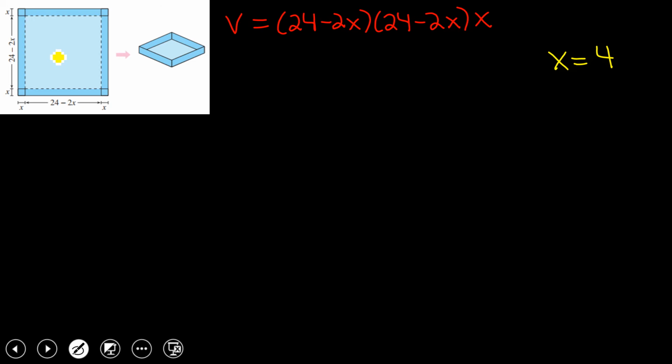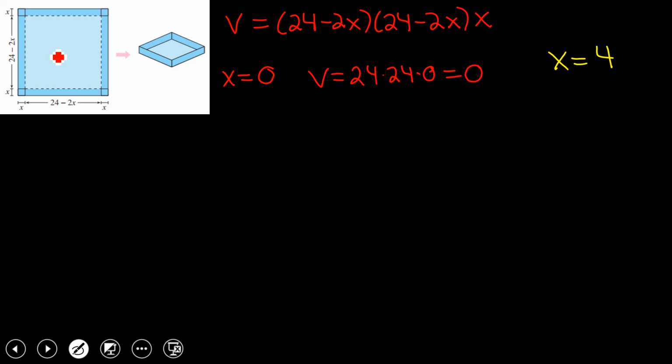Well, I can use x equals 0, because if x equals 0, that means I don't cut out of it at all. It's pretty easy to tell that my volume is going to be 0, because my volume would be 24 times 24 times 0, and that equals 0. So this is where I'm checking those endpoints to make sure there's no other place where this can happen.